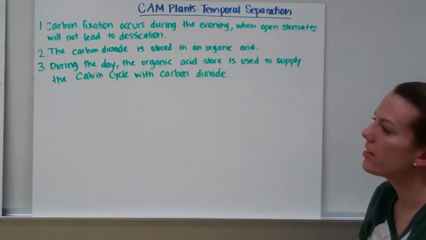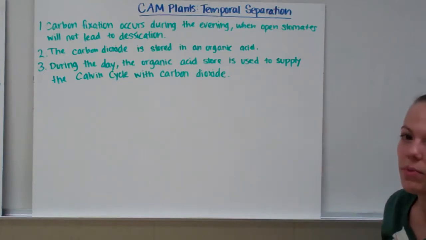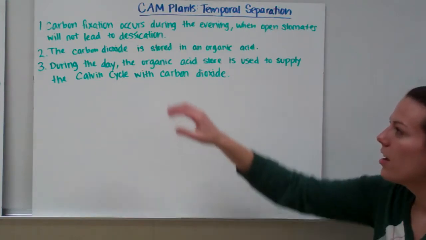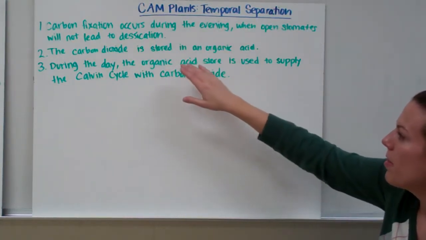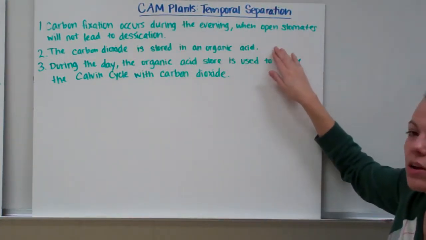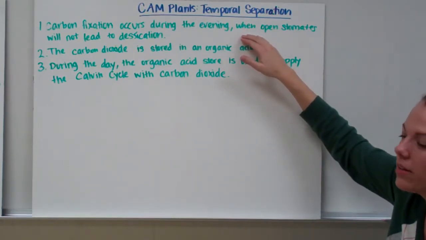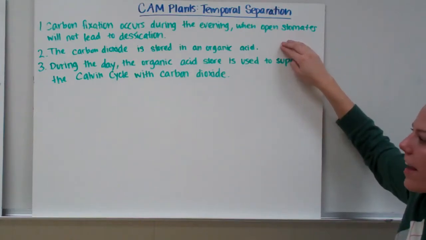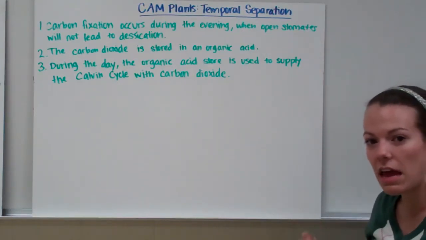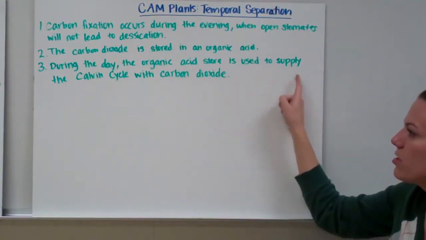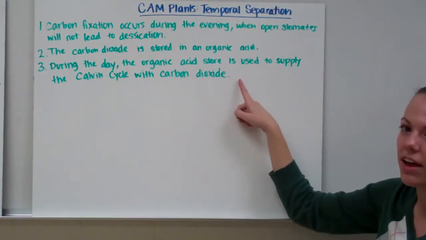They open up their stomates and leave them open so that we can exchange carbon dioxide and oxygen, and we can fix carbon then. But then carbon dioxide is stored as an organic acid. So we take in that carbon dioxide during the evening through our open stomates, and then we store it as an organic acid. Then we close our stomates during the day so they don't dry out. And the organic acid that was stored is used to supply the Calvin cycle with carbon dioxide.